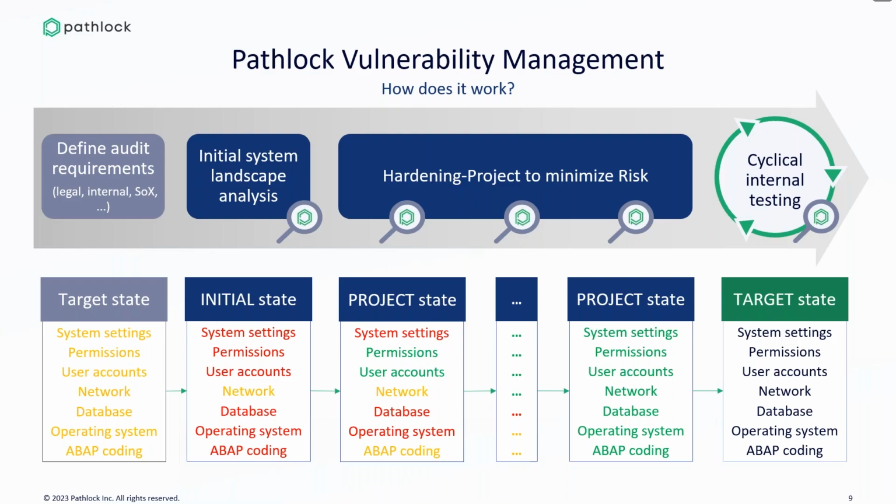And you might have everything green, but most likely you will have some findings. Some areas are critical, some are less critical, and you have a first initial state. And then the hardening project starts. Within this hardening project, you try to minimize the risk based on the priorities, based on the criticality of tasks given within this audit.